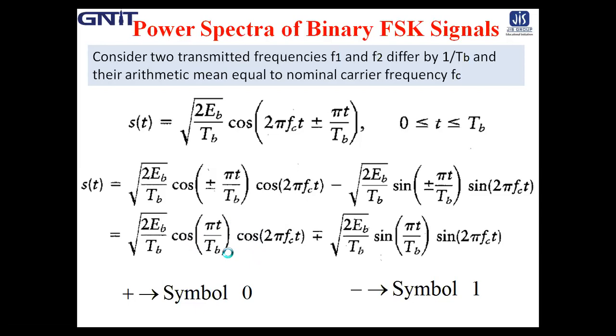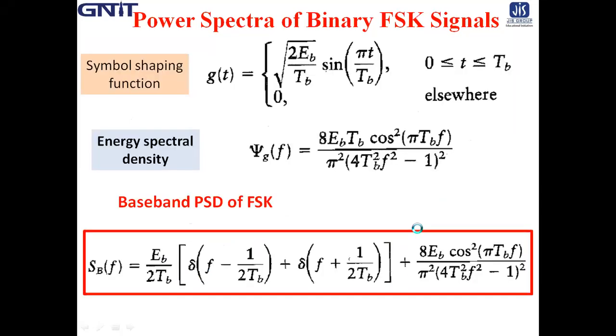And the quadrature component is directly related to the input binary wave. During the signaling interval, say t belongs to 0 to TB, it equals minus g(t) when we have symbol 1 and plus g(t) when we have symbol 0.